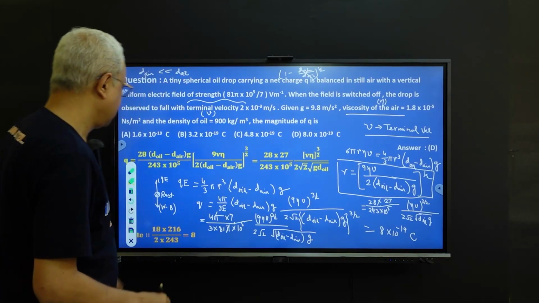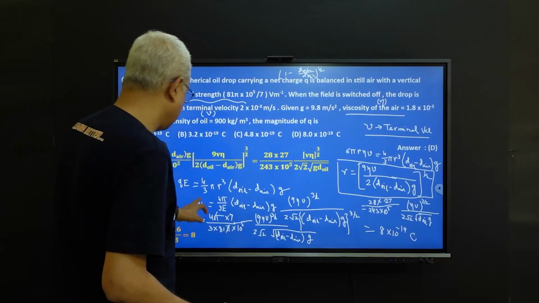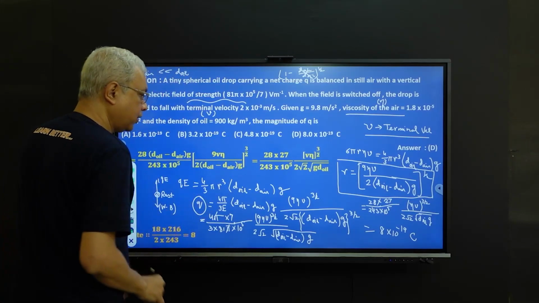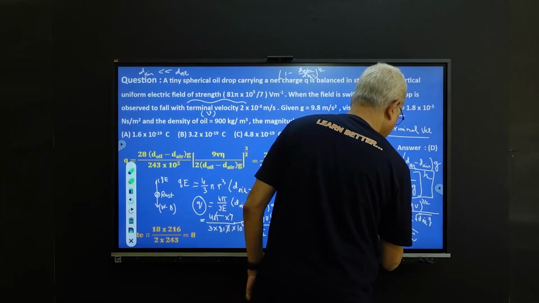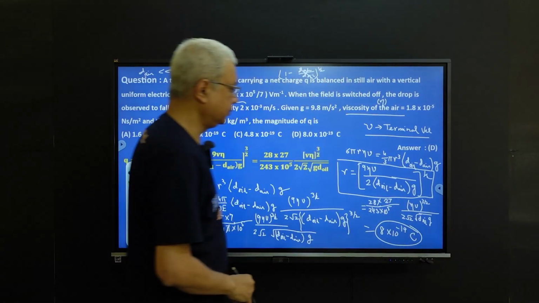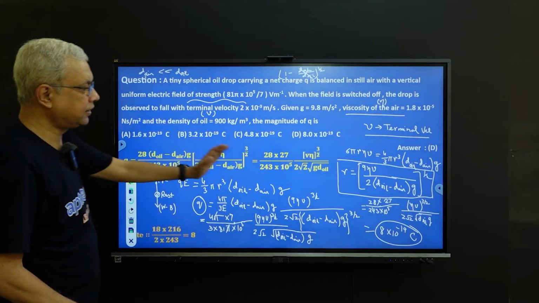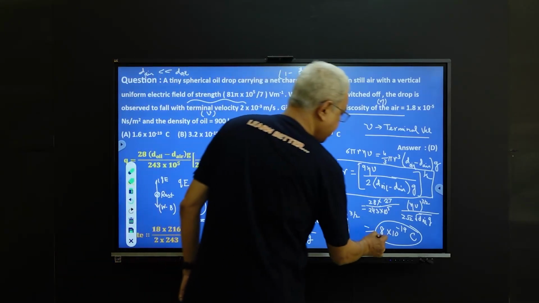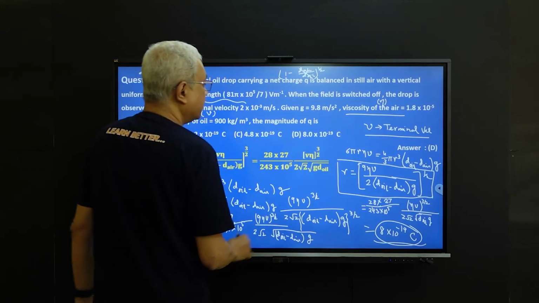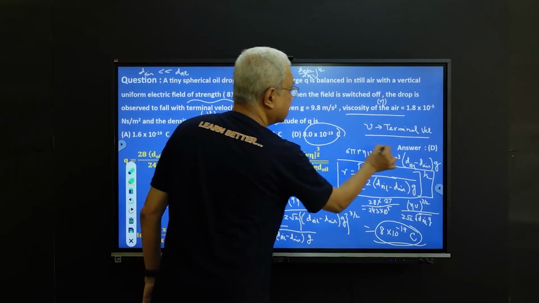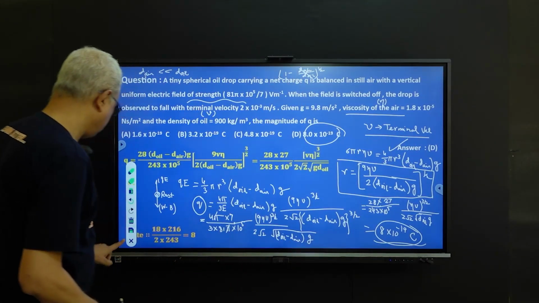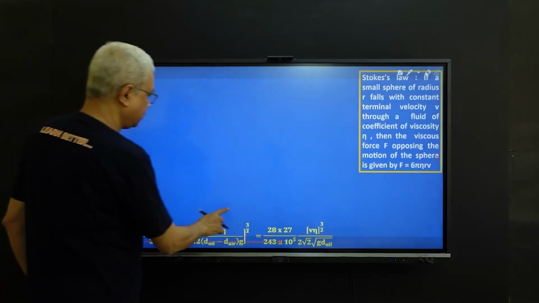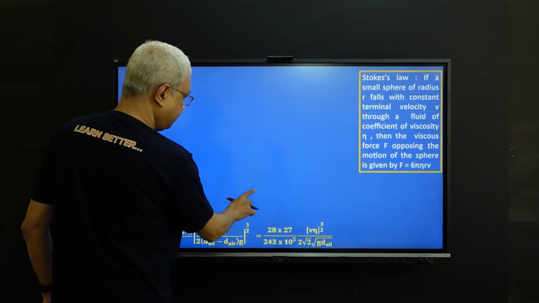So this is the expression for Q. This is the technique how you can solve the problem. So the answer is 8 into 10 to the power minus 19 coulomb. This is the correct answer. Answer is D. So I hope you have understood how to solve the problem.